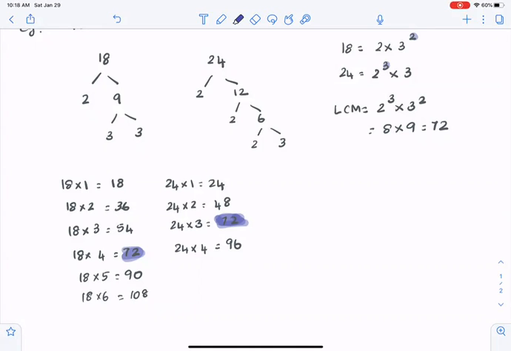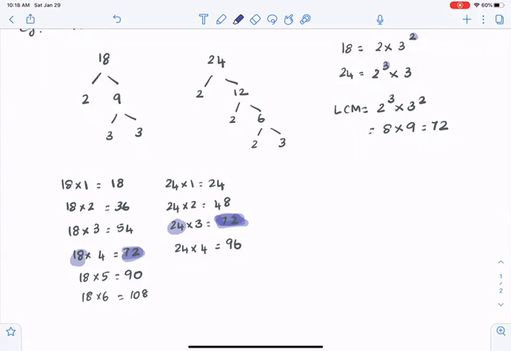Another way to look at this is that the given numbers 18 and 24 both divide the least common multiple. So the easier way to check if your answer is correct is to take the answer and divide by the given two numbers.